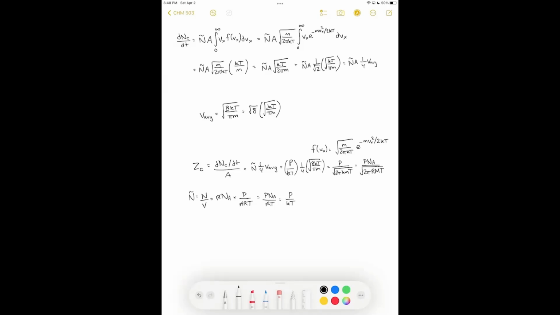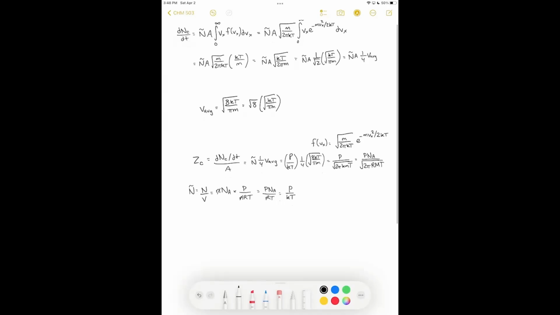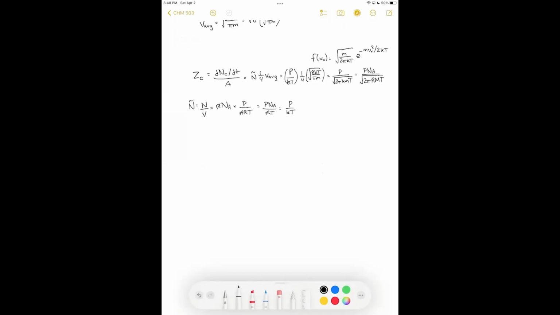If we wanted to, we could use this above expression to determine how the pressure would change as a function of time due to effusion. We can do this by taking the change in pressure with respect to time, which would be equal to the time derivative of the pressure using the ideal gas law.